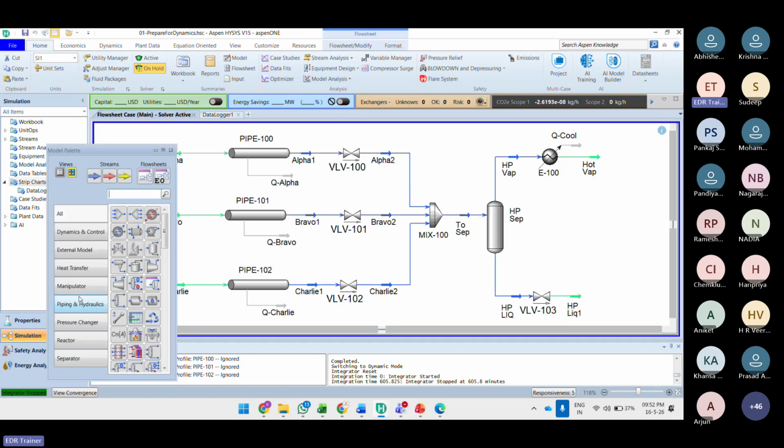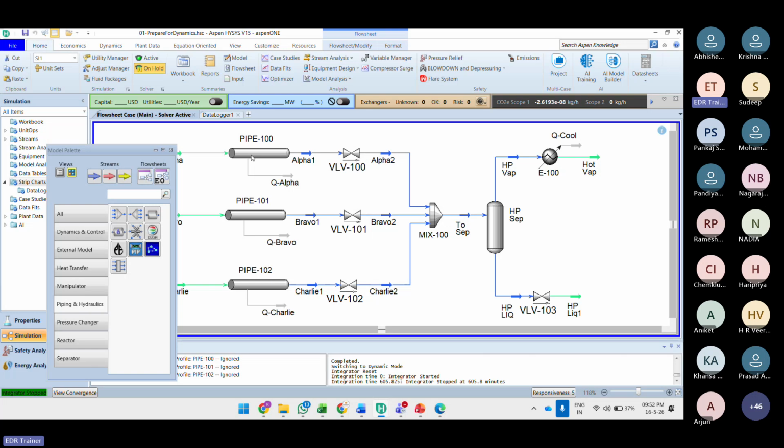In pressure pipeline and hydraulics, you can see here the Olga pipe stream net unit. All these Olga pipe streams and other things are where you can integrate your pipelines, and you can do the transient analysis using Olga.